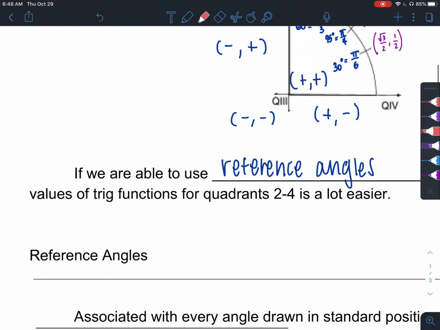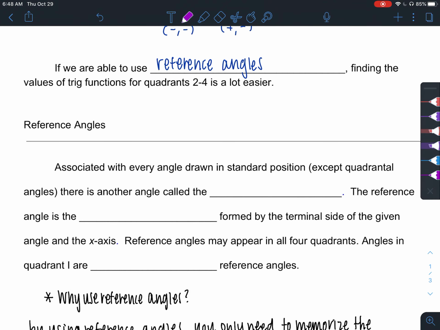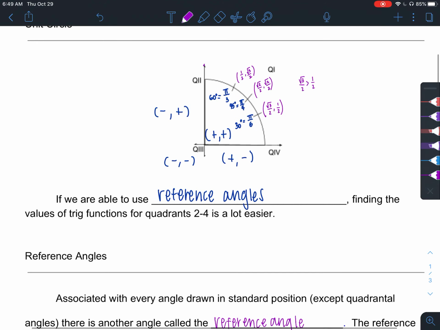Okay, so associated with every angle drawn in standard position except for quadrantal angles, there's another angle called the reference angle. And quadrantal means it's on the axes.